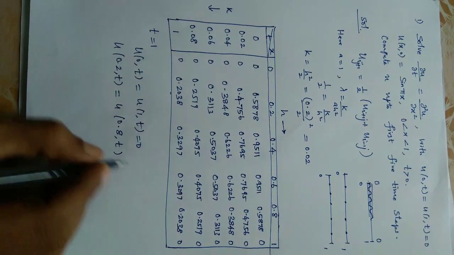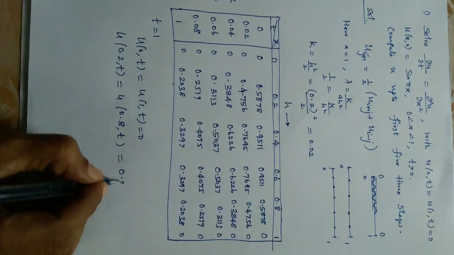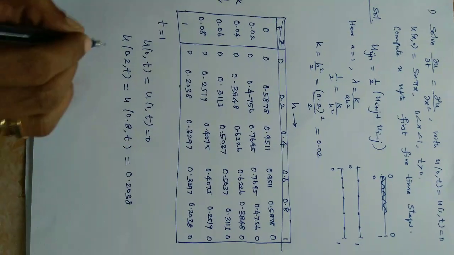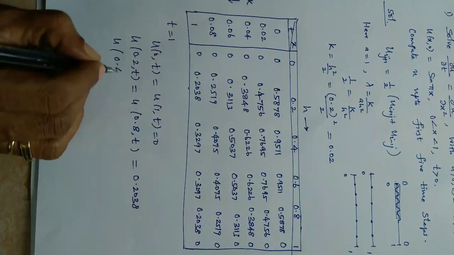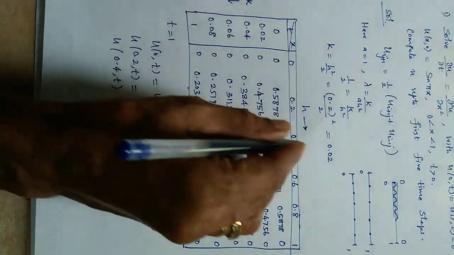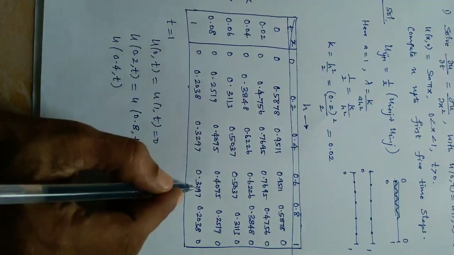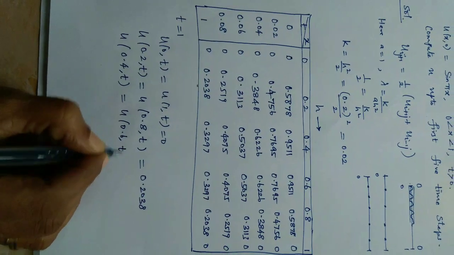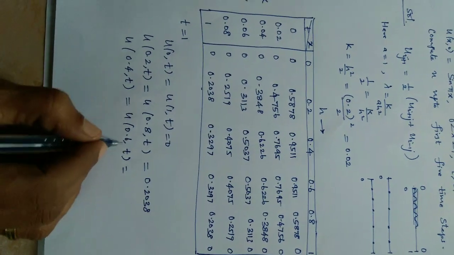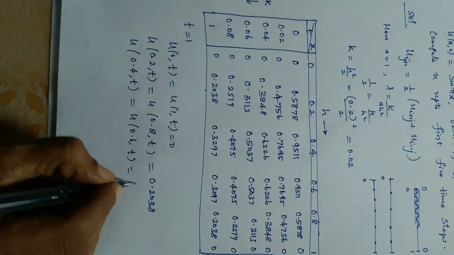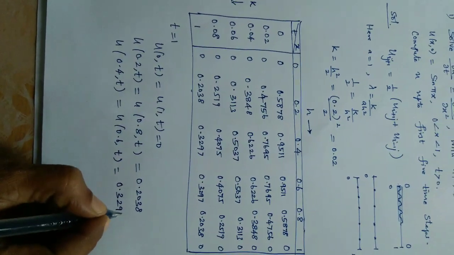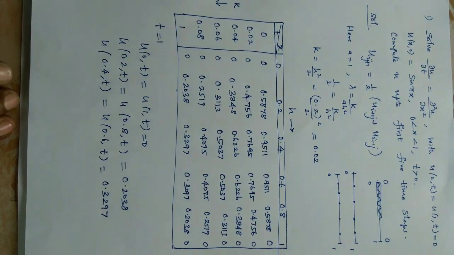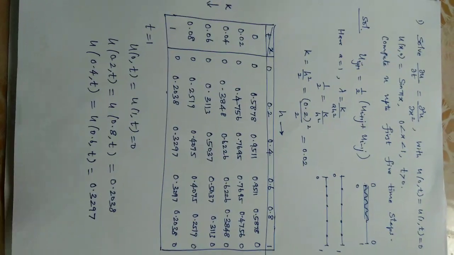Now you see these two values are duplicated, so you can simplify in a better way, and then u of 0.4 comma t and u of 0.6 comma t are identical, so it is nothing but 0.3297. It's a very standard problem, a solution of the one-dimensional heat equation.